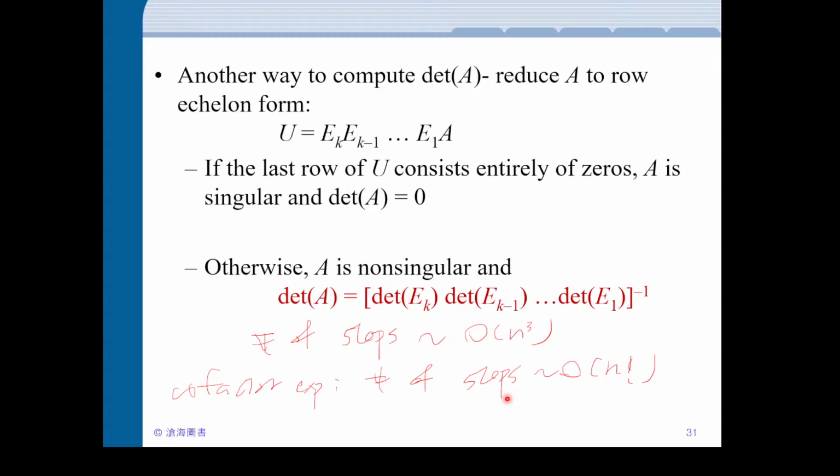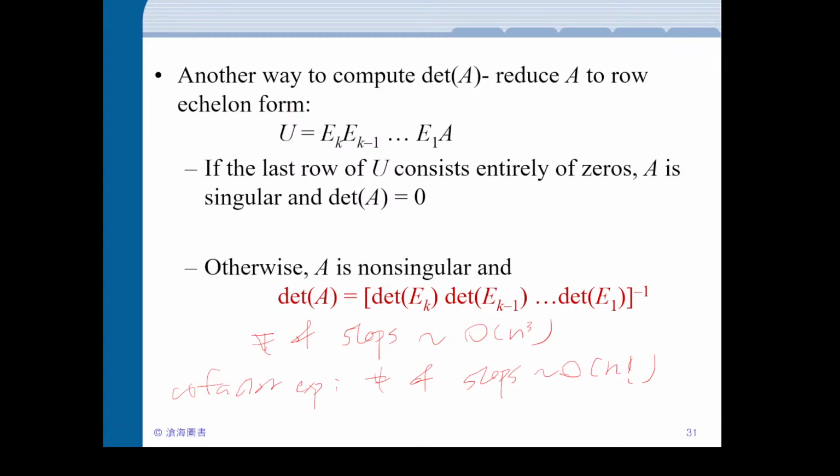Okay? So we have that U, this is the reduced row echelon form, equal to all those row operation matrices multiplying on A. Okay. And so if we do our row operations to reduce our A to U, then we see that if U has a row of 0, then the determinant of A is 0.